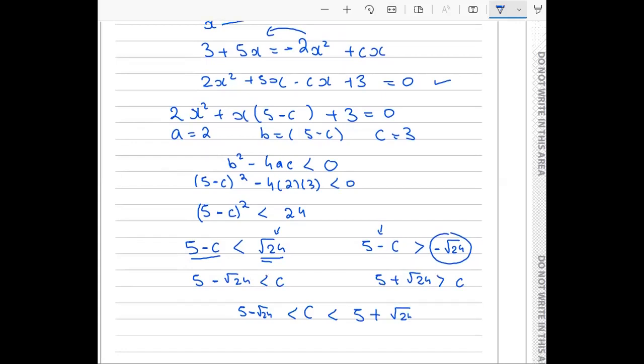Also, you can write under root 24 as 2 root 6. So 5 minus 2 root 6 is less than c, less than 5 plus 2 root 6. This would be the answer.